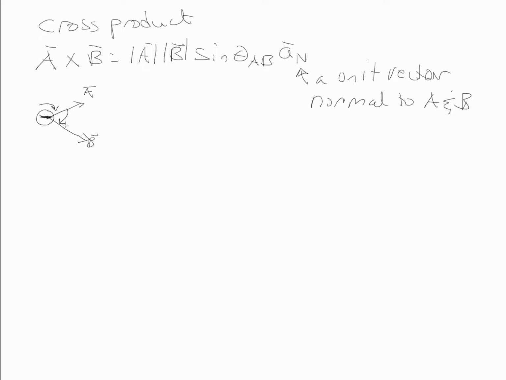So how I've drawn it, the unit vector n would be going back into the page like this. And so the cross product gives you a vector back, and if you know the components of A and B, then you can calculate it by using the matrix determinant way of doing it.